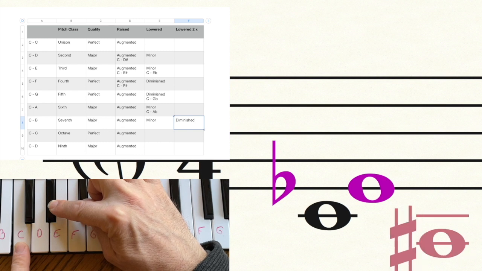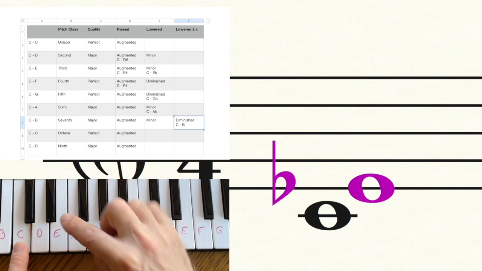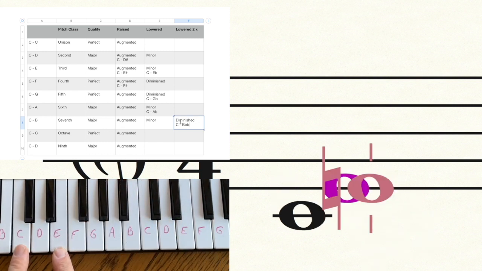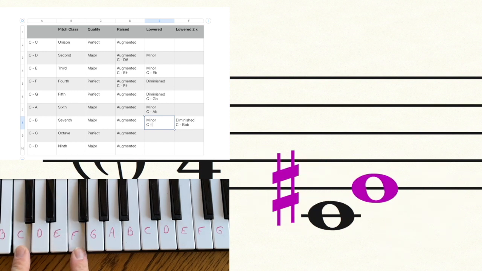If we take our minor third and make it natural, then we have a major third. And if we make that a sharp, if we raise our third, now we have an augmented third. So seconds, thirds, sixths, and sevenths.